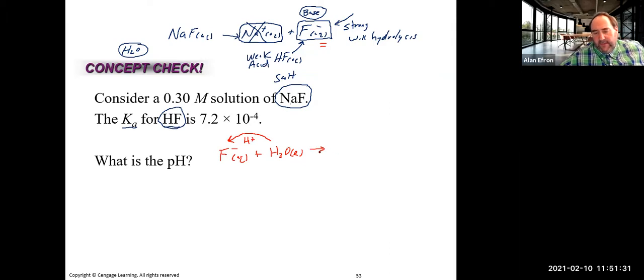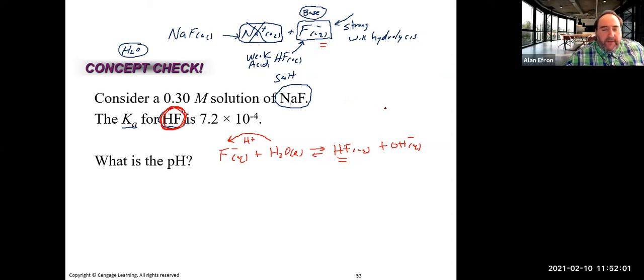When it does so, it will produce where it came from, and the big hint sitting right here in the problem, or most of these problems, will help you get that equation written correctly. In addition, it is going to produce OH minus as a result of the water giving away its H plus. Any questions up to there?